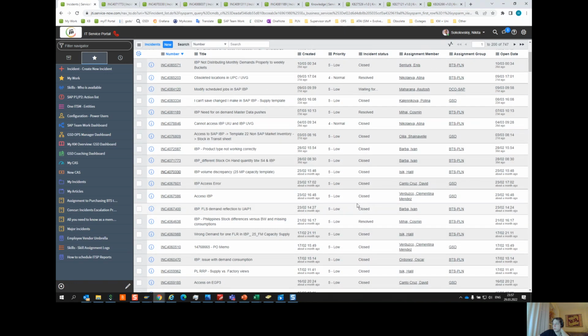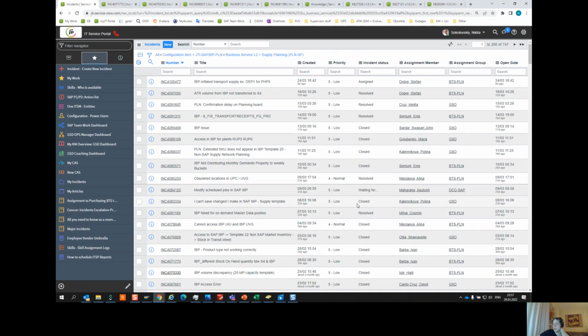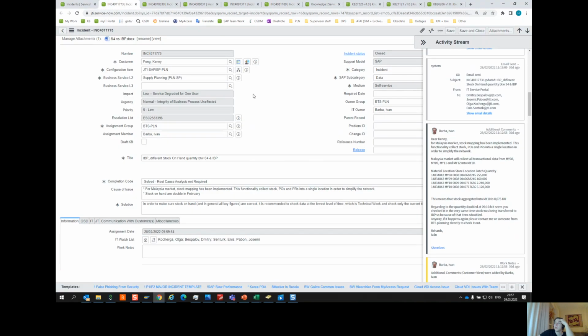And so by all checks, most of the incidents related to the functional process of supply are escalated to BTS because, yeah, what else can we do? For example, that's quite a typical-looking incident for supply: IBP, different stock on hand quantity between S4 and IBP.